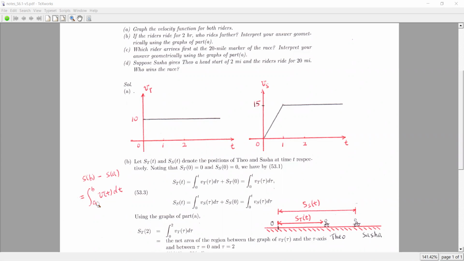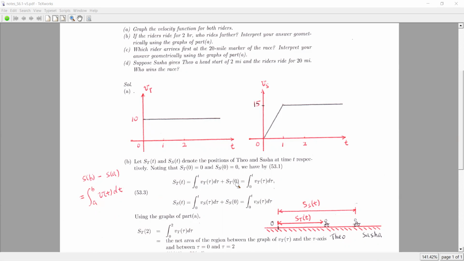In this formula, I replace the dummy variable t by the variable tau. Then set A to 0 and B to t and move this number to the right side. Then the position at time t is this integral plus this number.